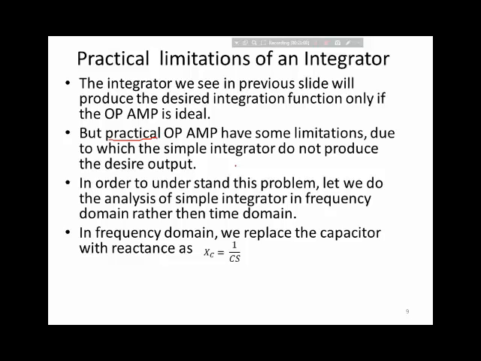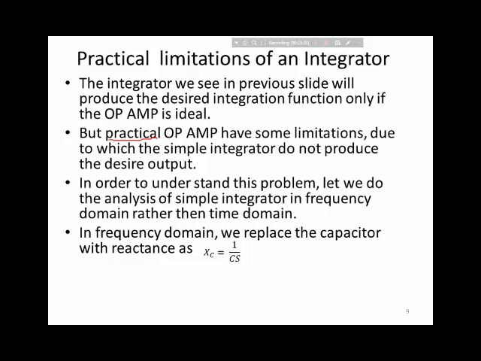So we have to do some modification in the circuit to use a practical op-amp to perform integration, which we are going to see in the next few slides.